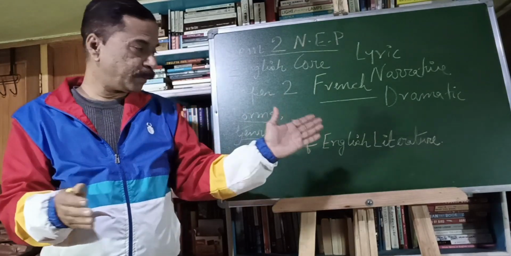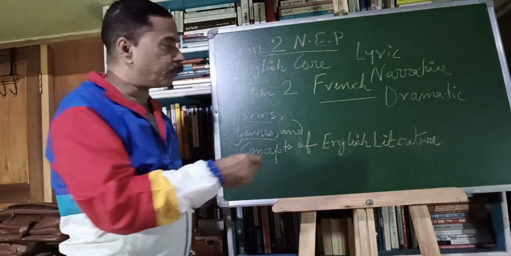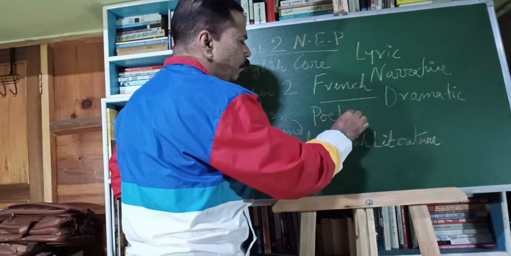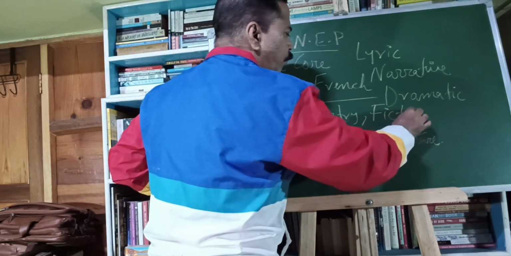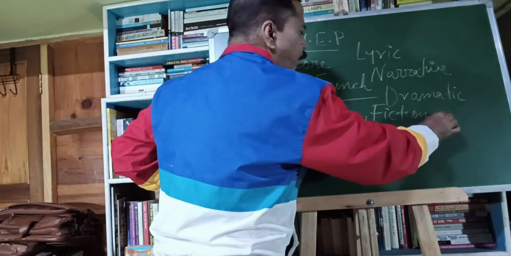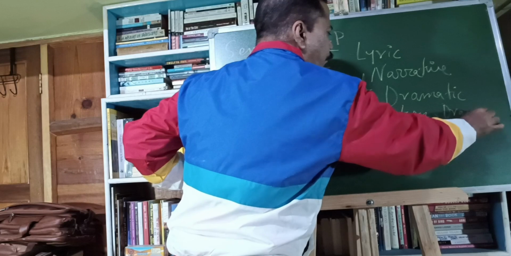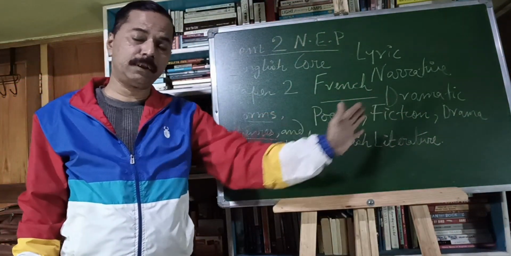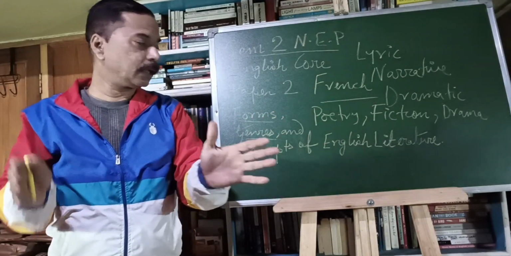Your syllabus, your paper two divides literature into those three genres. They are poetry, fiction, and drama. So these are the three types of literature that we will encounter.